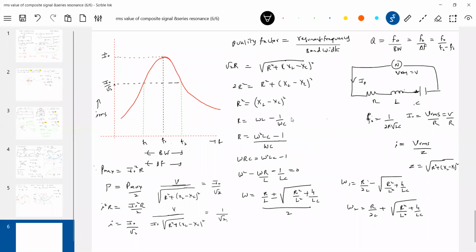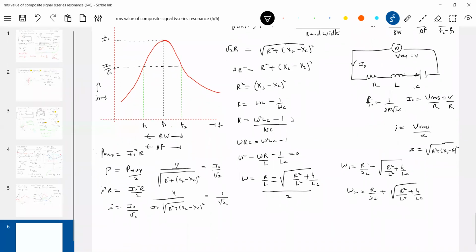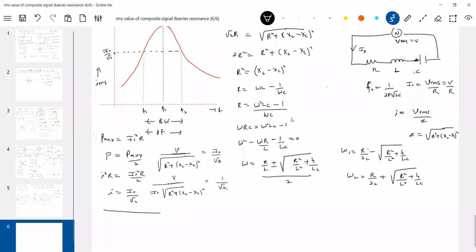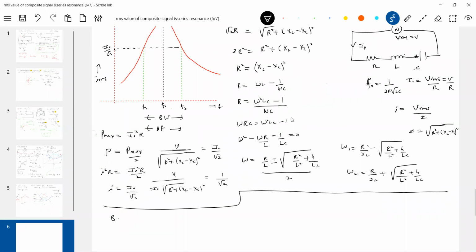Shall I proceed here? How to calculate bandwidth? Bandwidth is f2 minus f1. So let's calculate the bandwidth here first. This is the initial calculation part. Bandwidth BW should be equal to f2 minus f1, or this will be omega 2 minus omega 1.